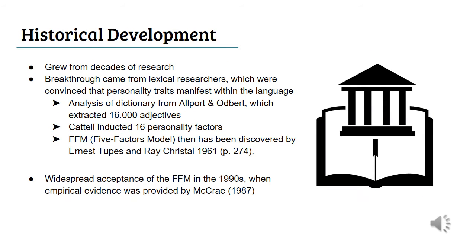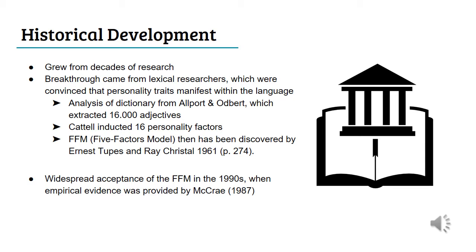Now I'm talking about the history. The Big Five model grew from decades of research. The breakthrough, though, came from lexical researchers who argued that traits are so important in daily life that people will have invented names for all the important ones.